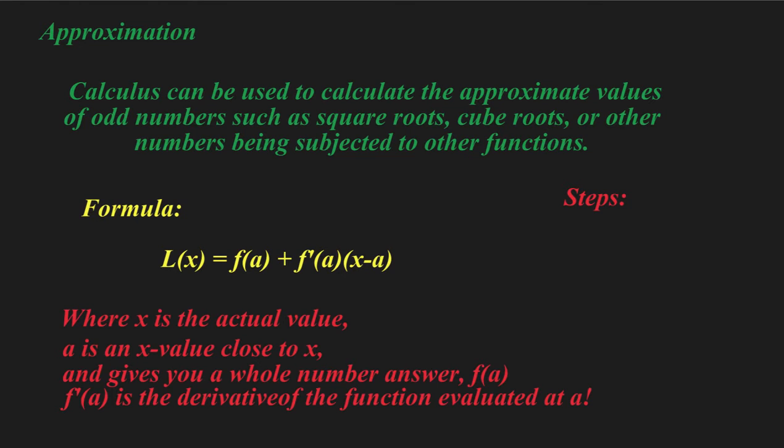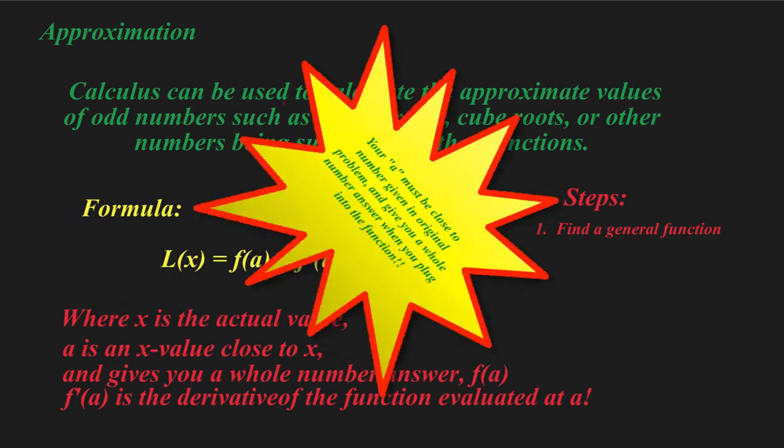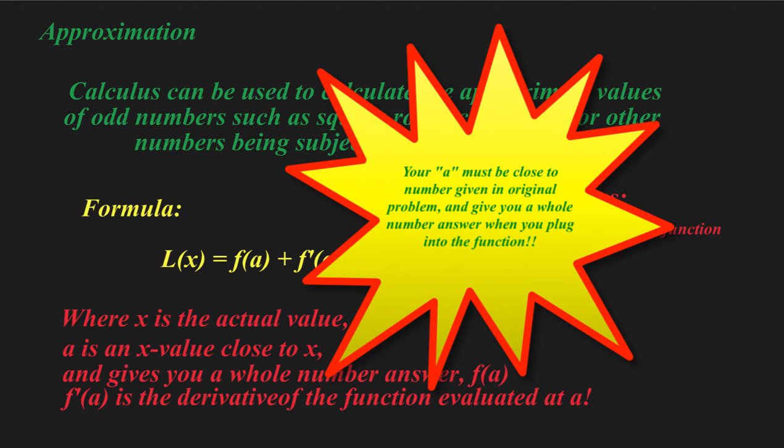Let's say we were given the square root of 17. What we would need to do is take the square root of 17 and convert it to a general function. So the square root of x would be your general function f of x. Then you would need to pick a number that's close to 17, but when I plug it into the square root of x, you're going to get a whole number answer.